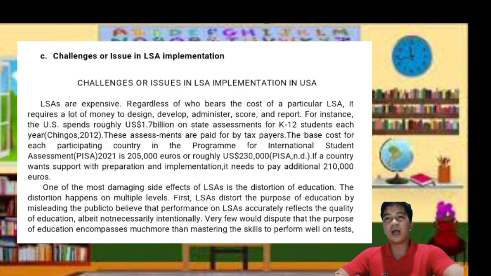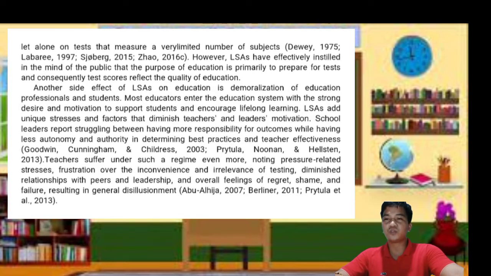The distortion happens on multiple levels. LSA distort the purpose of education by misleading people to believe that performance on LSA accurately reflects the quality of education. Another side effect of LSAs on education is demoralization of education professionals and students.